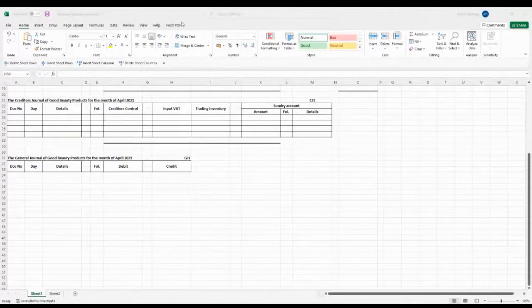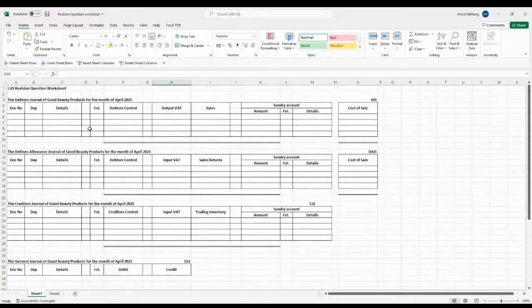So I'm going to stop sharing this and then I'm going to share the Excel file. Okay, so based on the information, I'm going to read what the information was again.